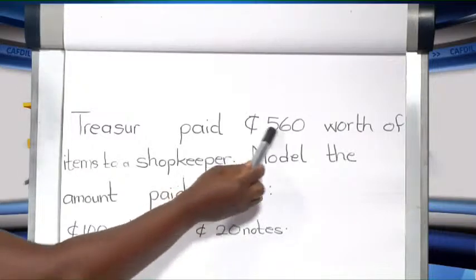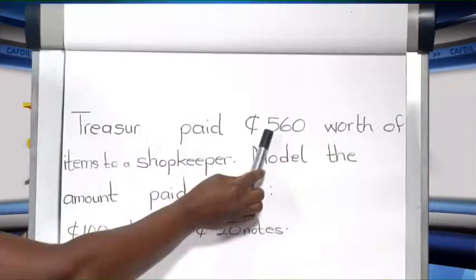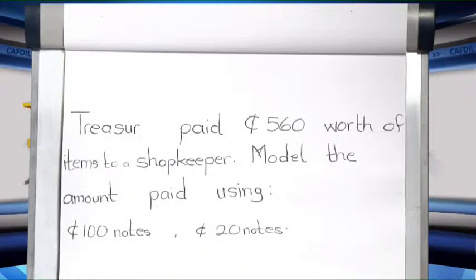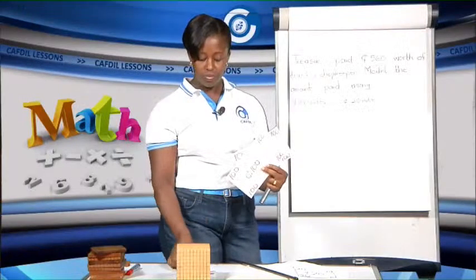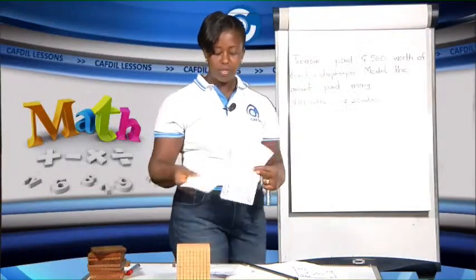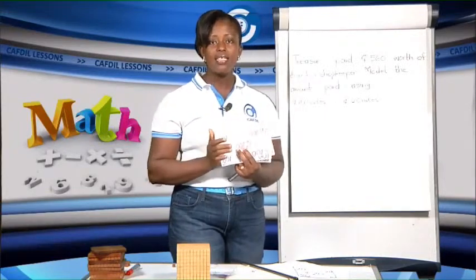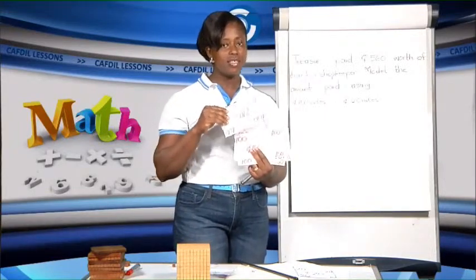When we look here, we have 500. So when we use the 100 cedis notes, we can have 5 of these. 1, 2, 3, 4, 5. Let's assume this is the 100 cedis note.